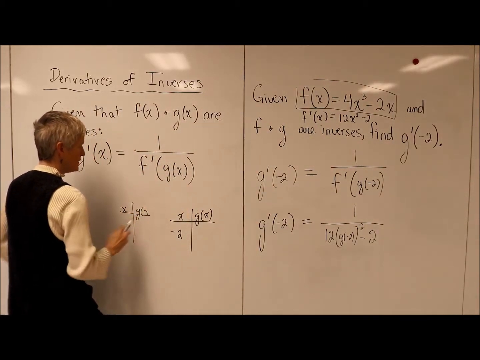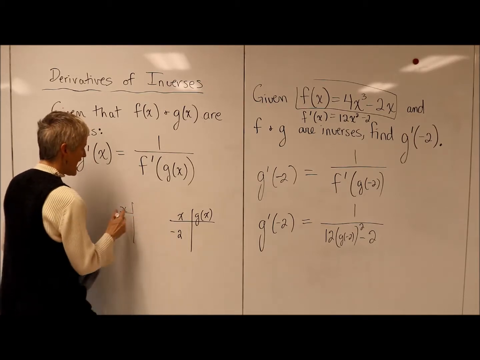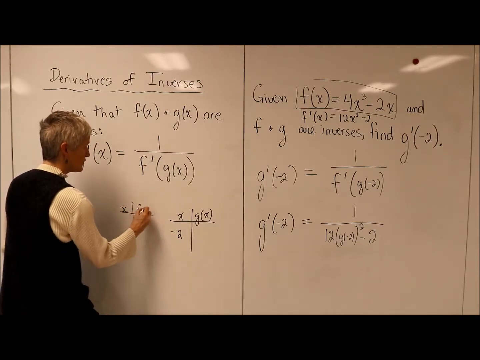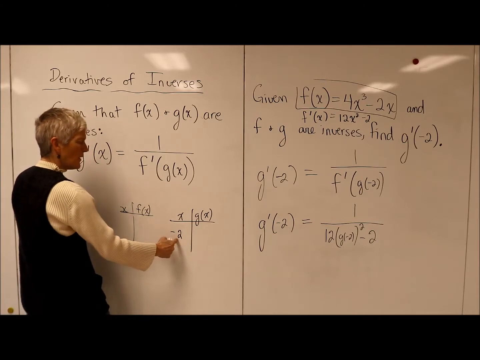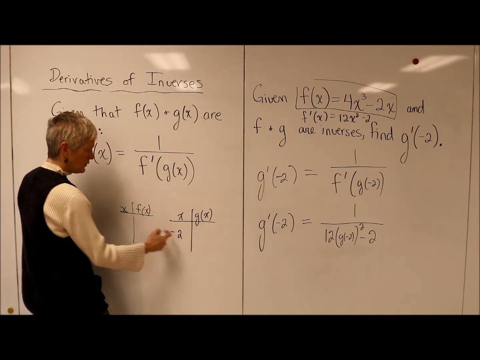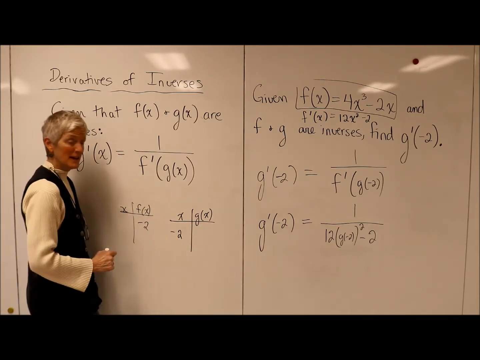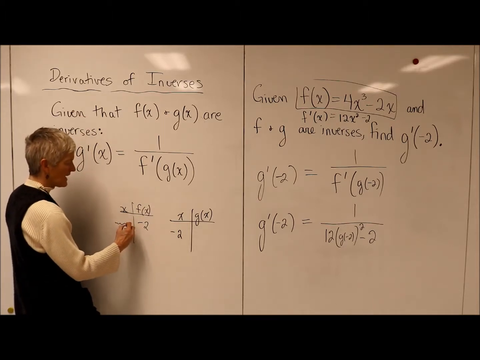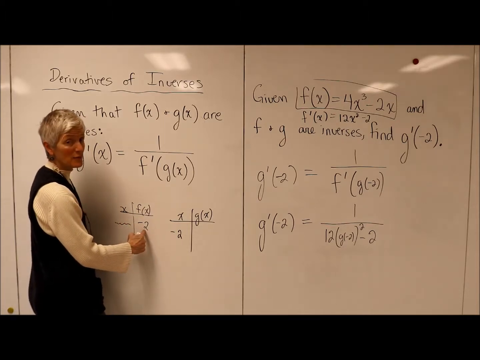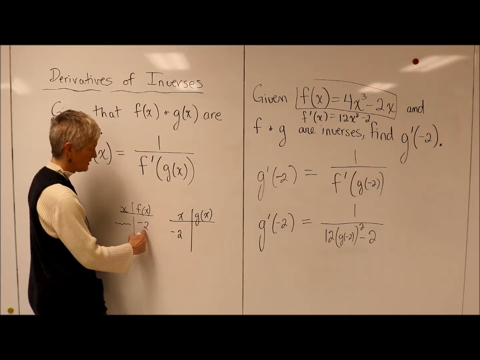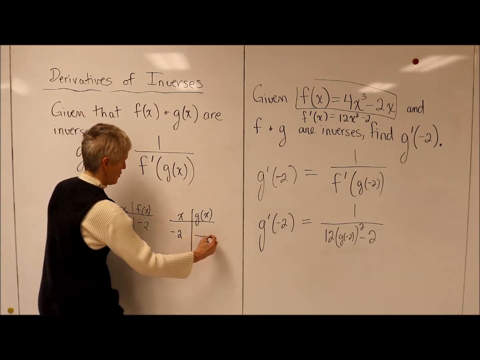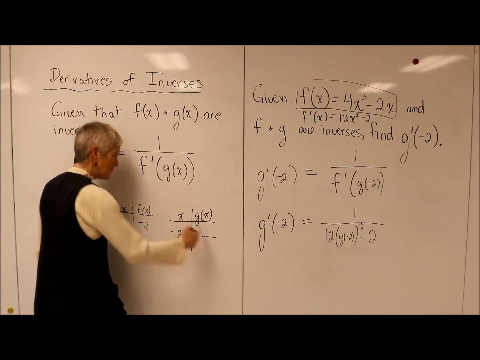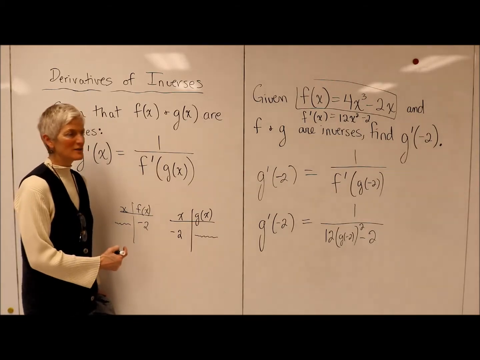Because, whoopsie-daisy, since g and f are inverses of each other, when the x is negative 2, that's going to be the y here. So whenever x produces a y value of negative 2 in my f function, that x will be the y value of my g function. You see how that works?